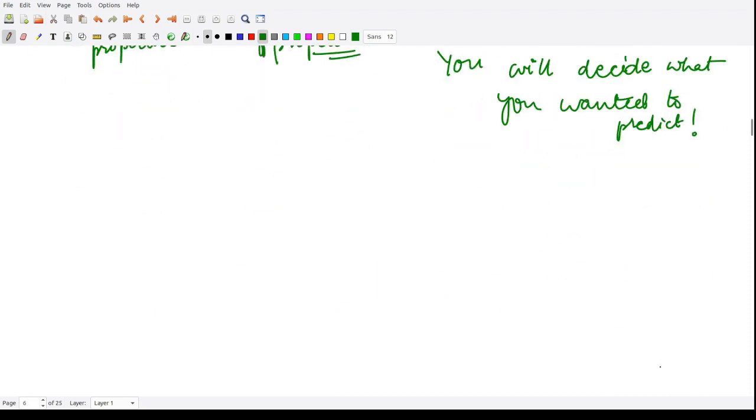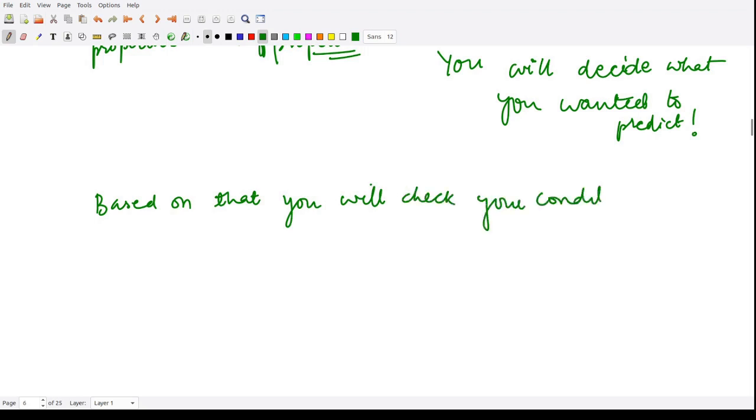Then based on that objective, you will check your conditions. By conditions, I mean the environmental conditions, what kind of variables are associated with those conditions, and things like that.